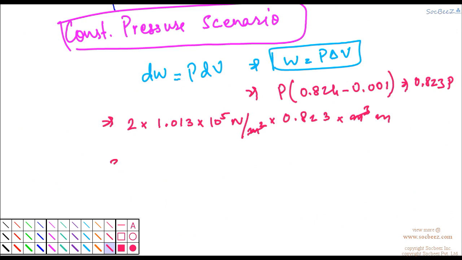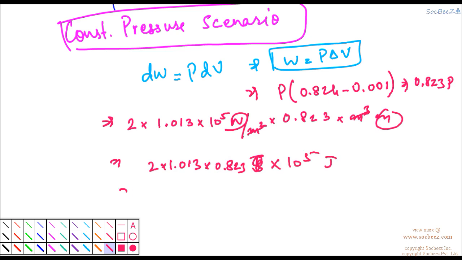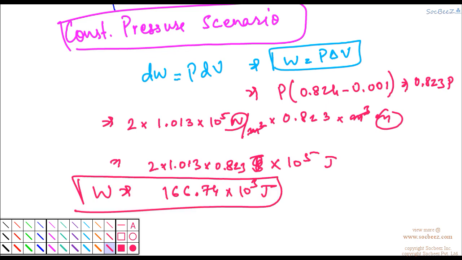Newton into meter gives us a joule, which says that 2 into 1.013 into 0.823 into 10 raised to power 5 joules, which is nothing but 166.74 into 10 raised to power 3 joules. So this much work is done.